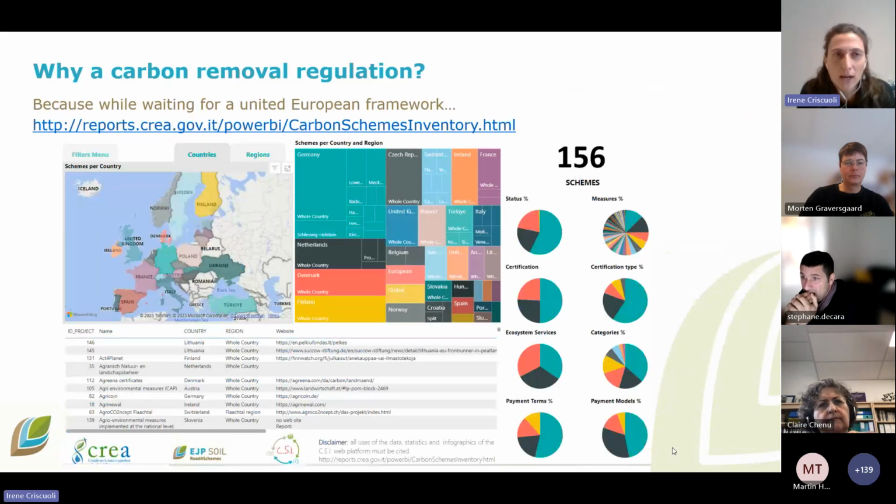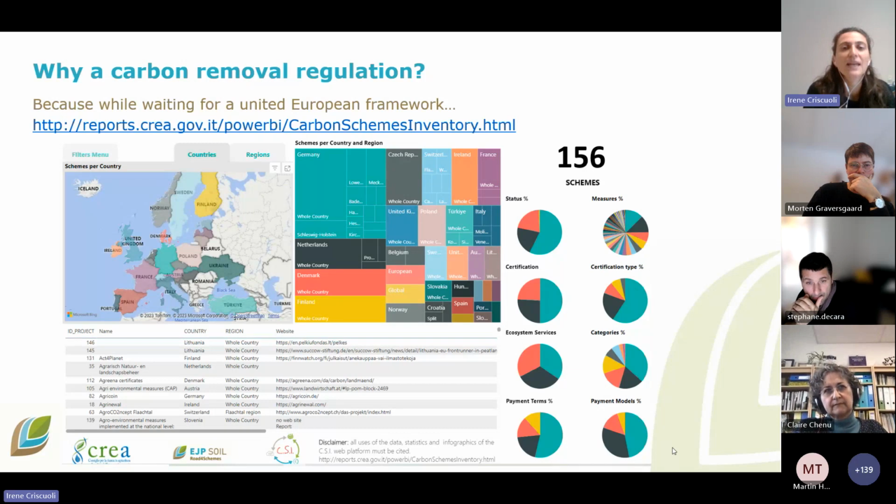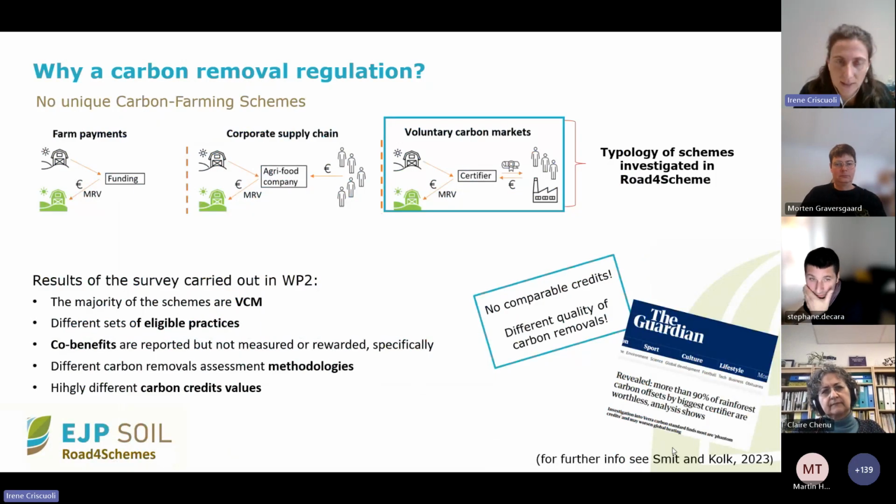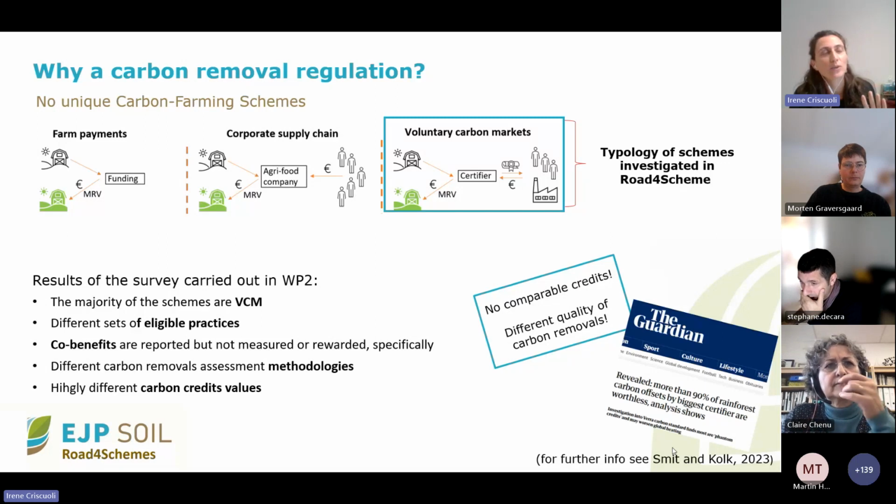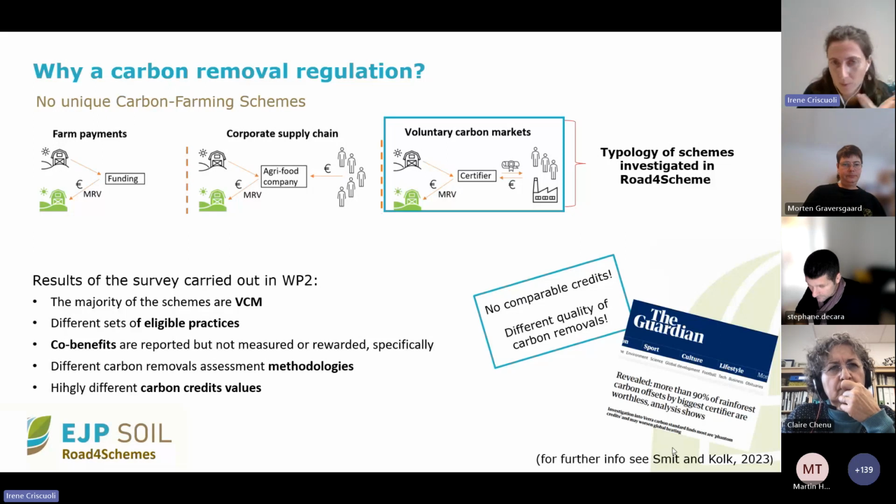The second reason why we need a carbon removal regulation is that, as was mentioned by Bert and colleagues, we have at the moment in Europe at least 156 different schemes. These schemes belong to different categories. The regulation refers only to the voluntary carbon markets, carbon farming schemes, which are actually the majority at the moment in Europe.